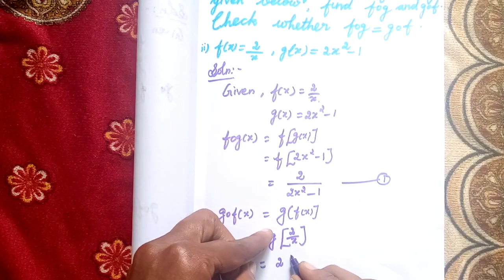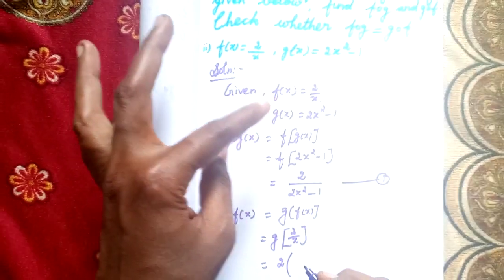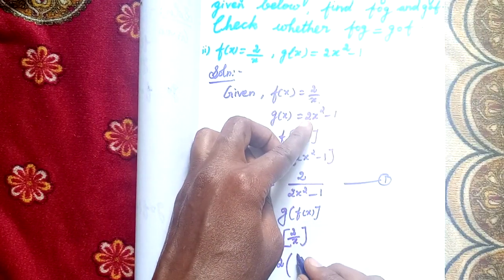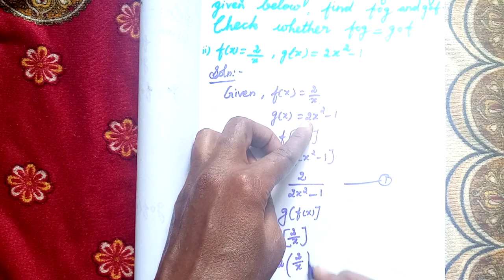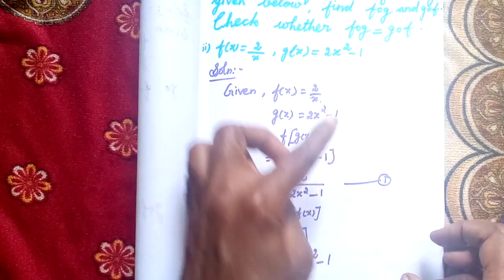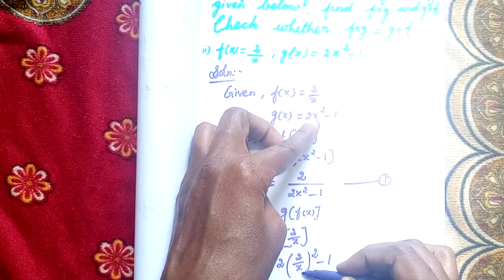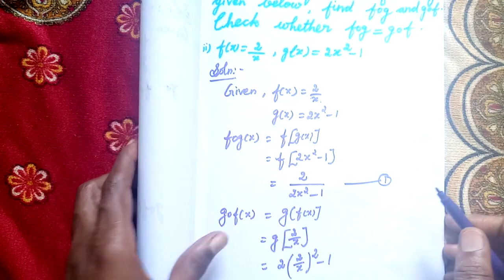2 into g of x, carefully see: 2 into x square, in place of x, 2 by x, the whole square, minus 1.